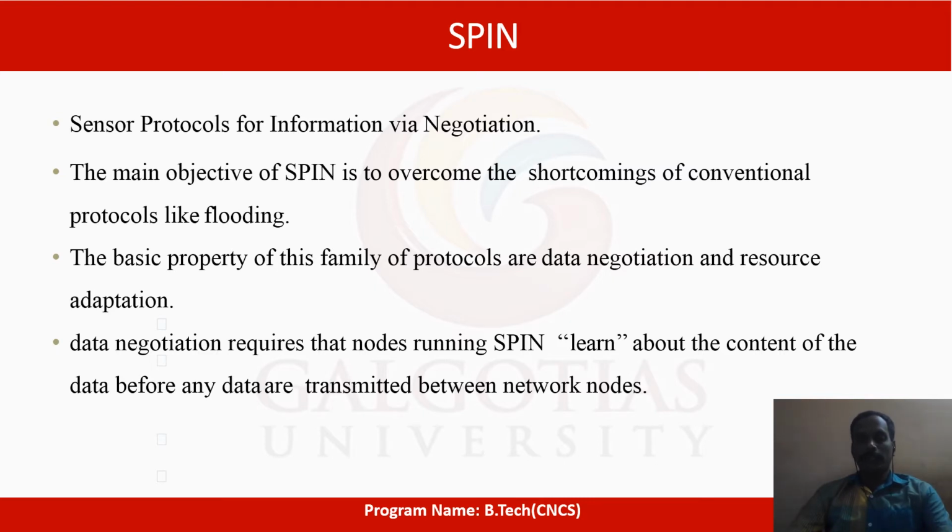SPIN-BC is designed for broadcast networks, where the ADV signal will reach all the sensors in the coverage area of the source. SPIN-RL is for reliability, and it overcomes message transmission errors caused by lossy channels.